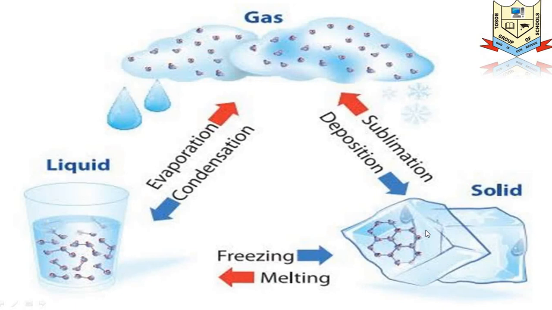And let's consider now from solid to gases. Now let me make this clear that basically virtually all solids have to be converted to liquid before they are eventually converted to gases.